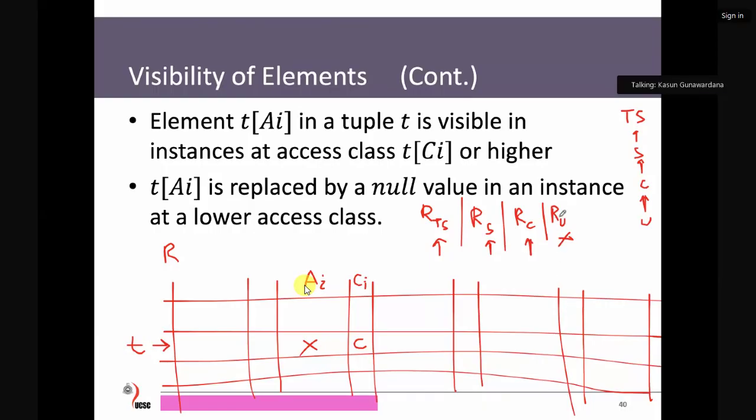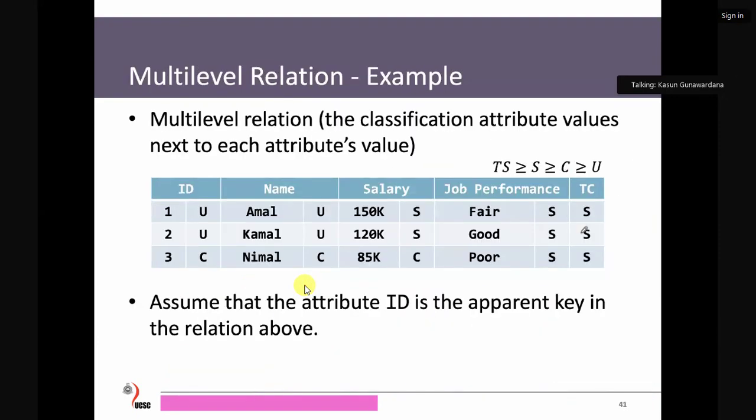So what it means is, if we take the instance RU, in that RU, this X will appear as a null value because its classification level does not allow it to appear at a level lower than itself, right? So that is what we mean here by visibility of data elements.